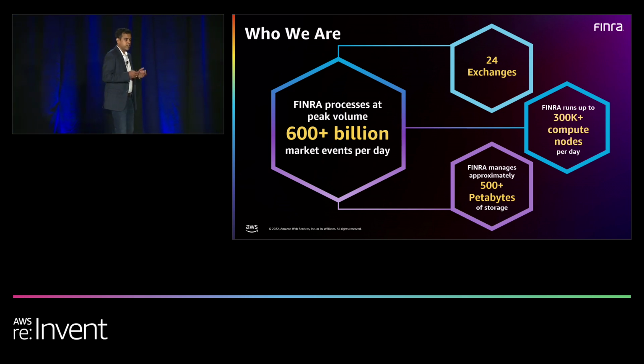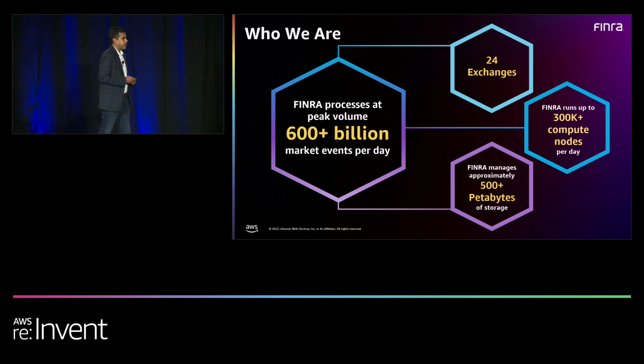We do this by spinning thousands of clusters and hundreds of thousands of EMR nodes each day. So, we not only collect the data and process it, but we also look at the data going back 2 years. Right now our data lake takes in about 500 plus petabytes of data and continues to grow each day, and we are growing at the rate of 20 to 30% every year.